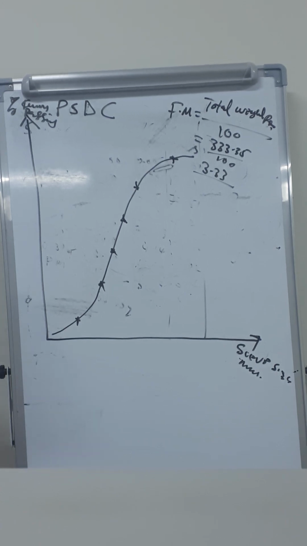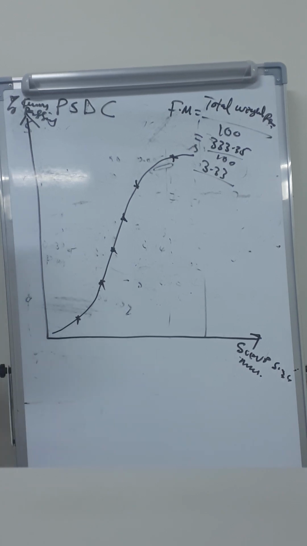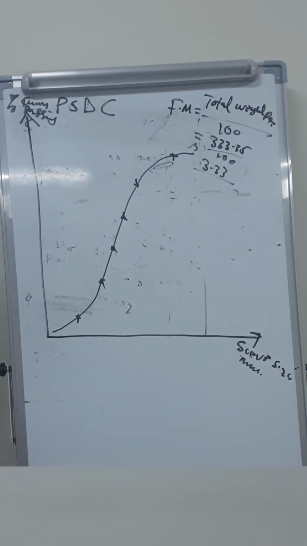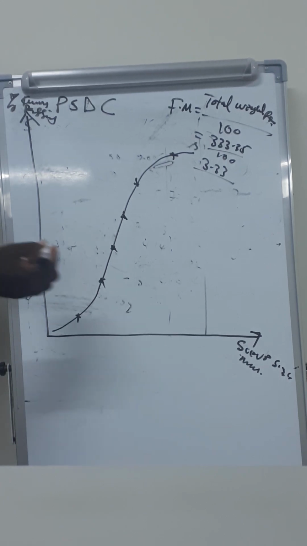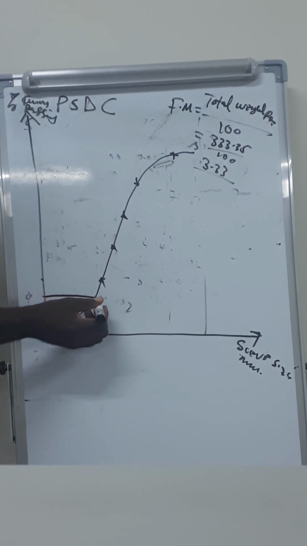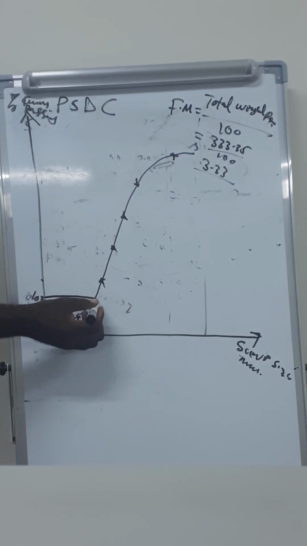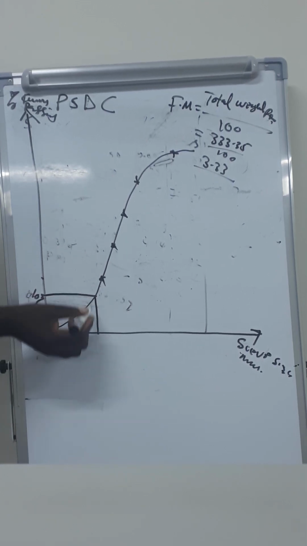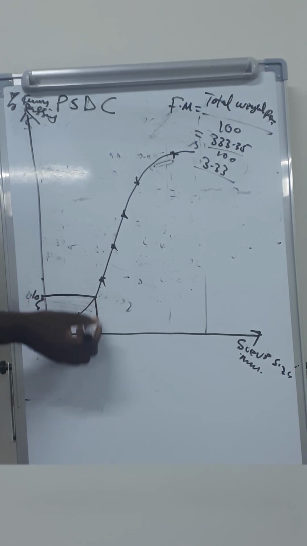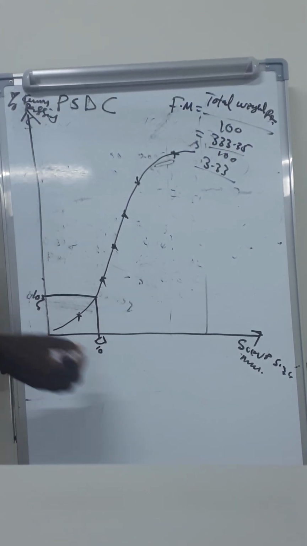Other parameters like the coefficients of uniformity and curvature can be estimated from the curve. First, we get the diameter at 10% cumulative passing by tracing to the curve. The diameter at this point is known as D10.